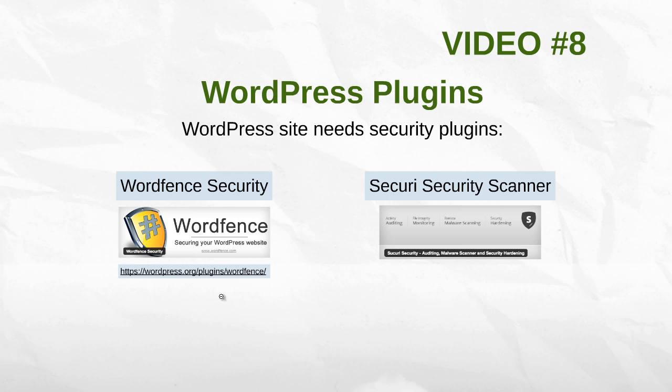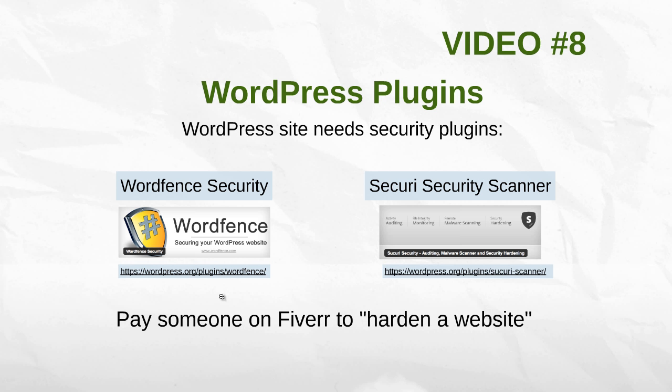So you can use that to scan it, to see where the scan stands, and install Wordfence Security to protect it. And of course, again, same thing. You can go to wordpress.org/plugins/security-scanner, or simply enter security scanner into Google.